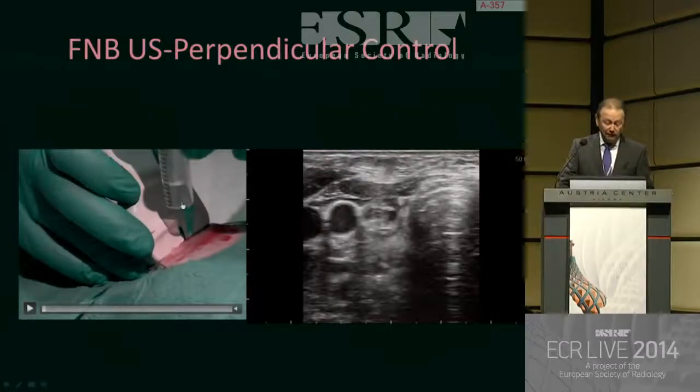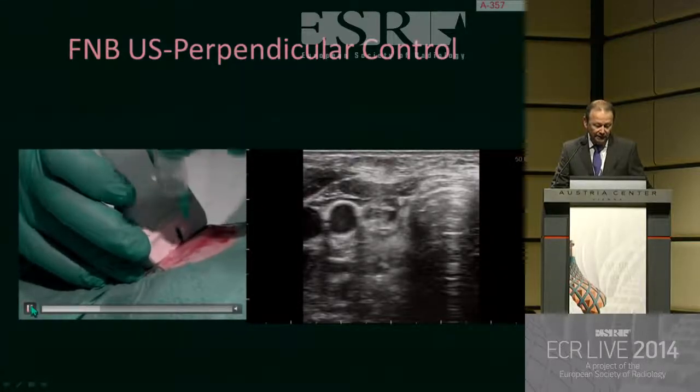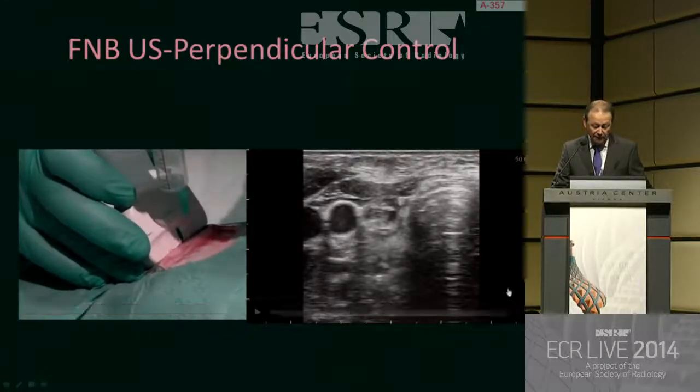Okay, in this video, you will see how I do the procedure. The needle gets inside and out, to and fro, and then I rotate in a clockwise and anti-clockwise direction. Like you can see the movements, quick movements. And here in this video, this is a tiny needle.